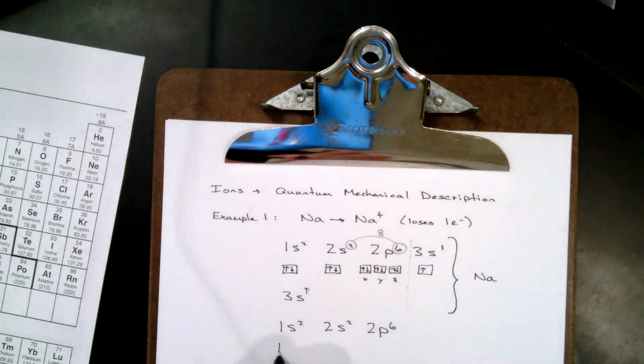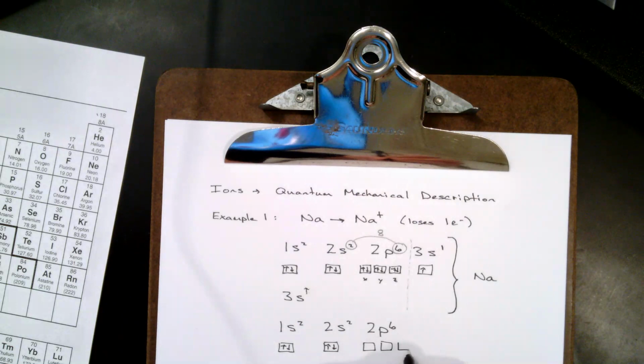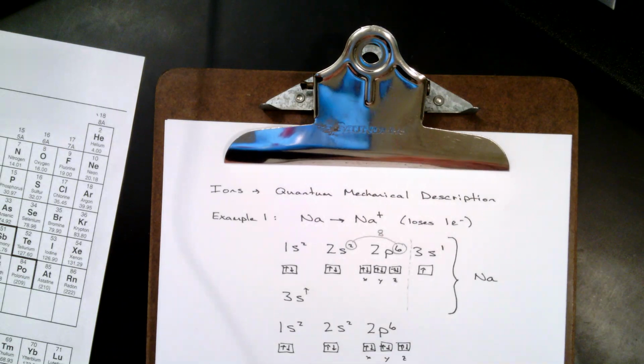So the orbital notation would be an up and a down for the 1s, and for the 2s, an up and a down. And then the 2p, x, y, and z would be an up, an up, an up, a down, a down, a down.